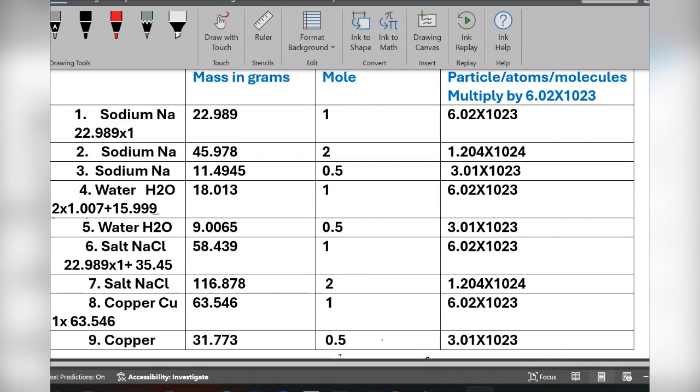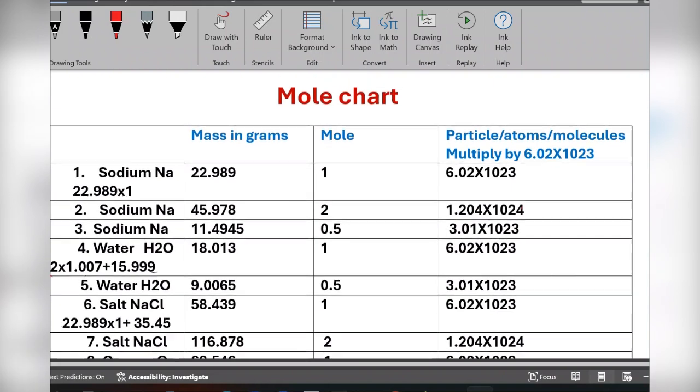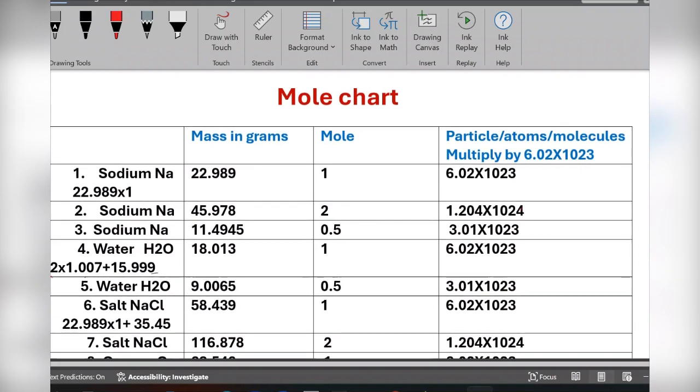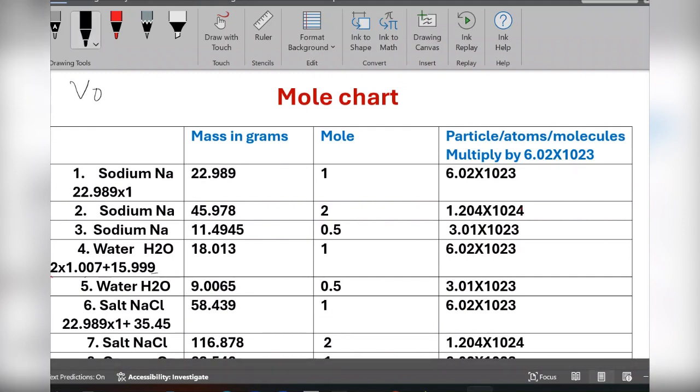Now, what I told you earlier, 1 mole of any gas, like I say, what is the volume of O2? Volume of 1 mole of O2. What is O2?